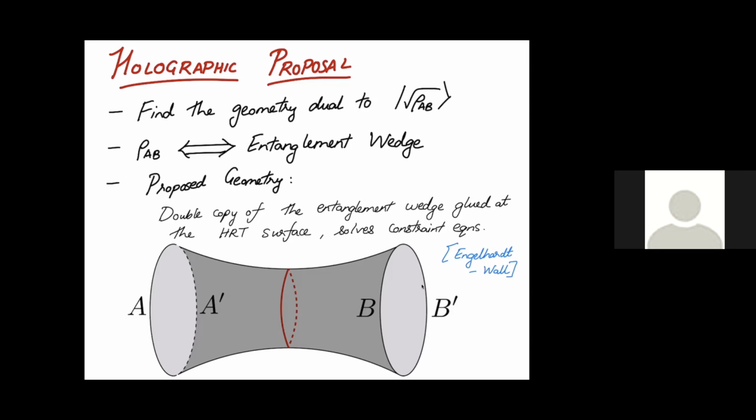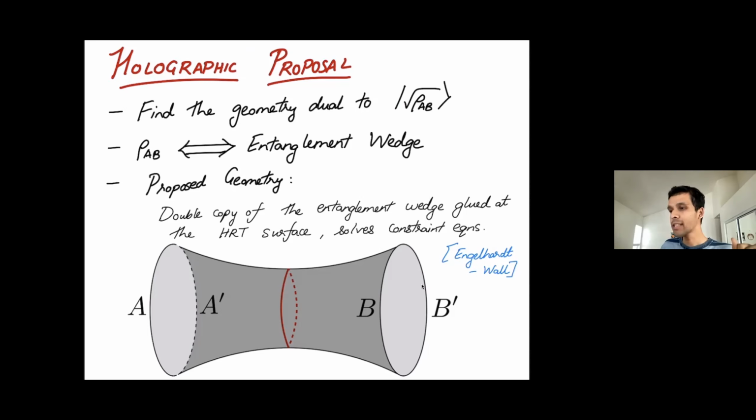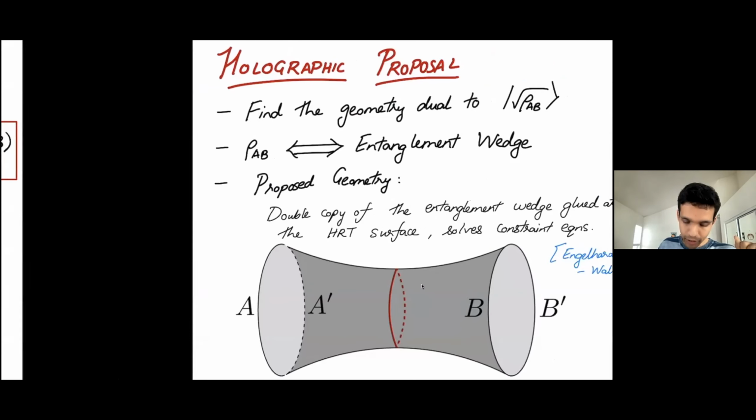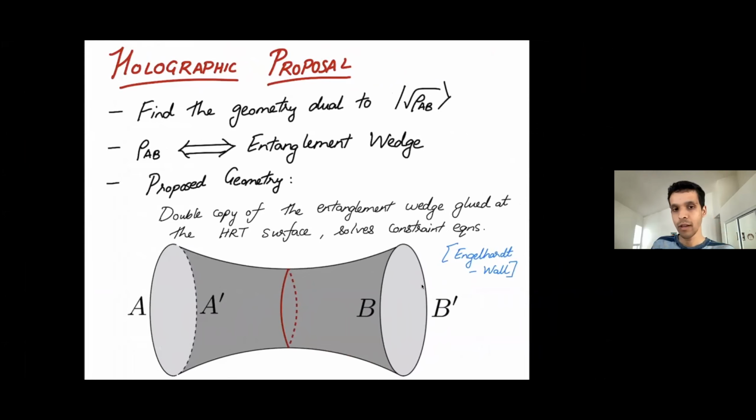But in that case, if you don't have a connected region, then your reflected entropy is 0, right? Yeah, so what ends up happening is that near the place where the RT snapping happens, you sort of get two geometries. There's one geometry which looks like this, and there's another geometry which will be sort of two disconnected copies of AA prime and BB prime. Right.